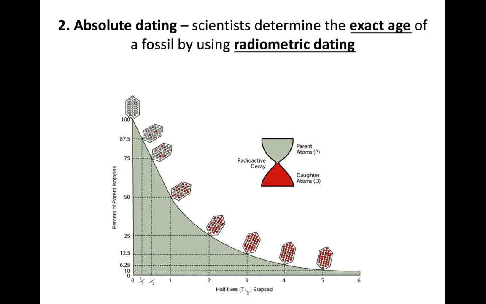And this is a big piece that they even get into at the college level. So they're able to determine the exact age of a fossil by doing these things. So we're not going to get crazy into depth with this, but this is a whole mathematic equation where you have to calculate half-lives and all kinds of stuff with radioactive isotopes.